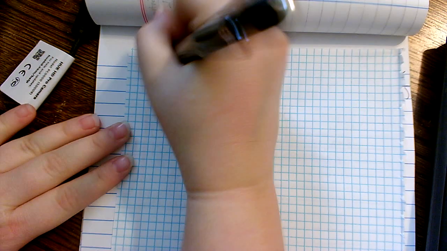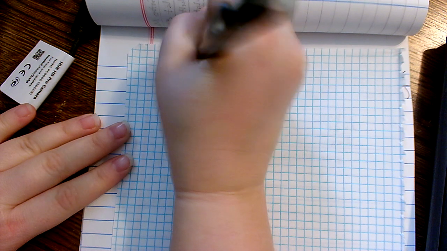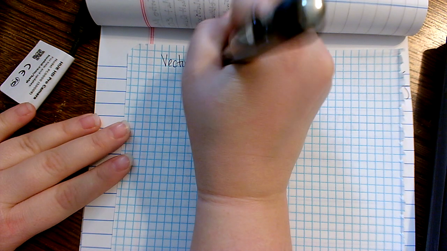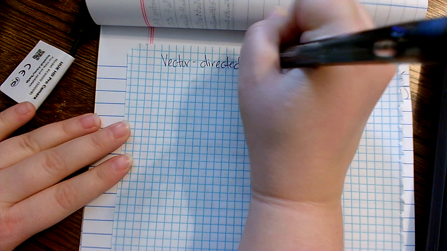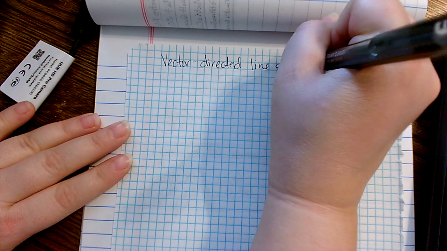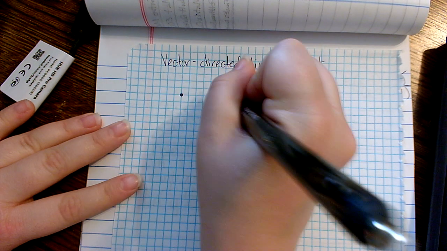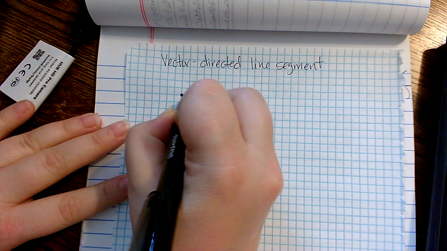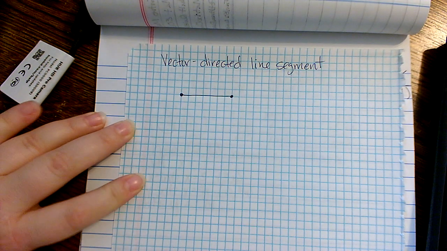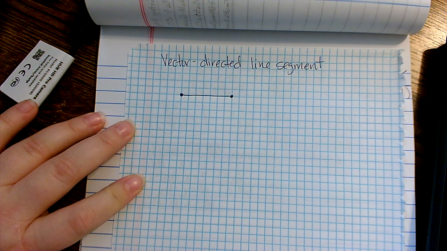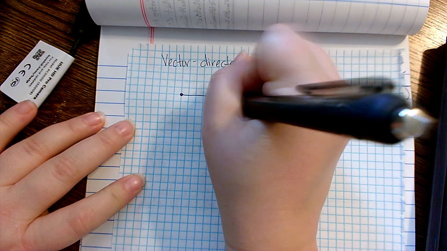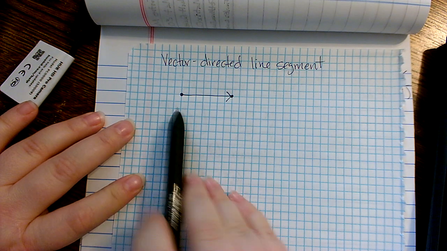For vectors, a vector is a directed line segment. You already know that a line segment has two endpoints. A directed line segment is where you actually have an arrow showing the direction that you are traveling.